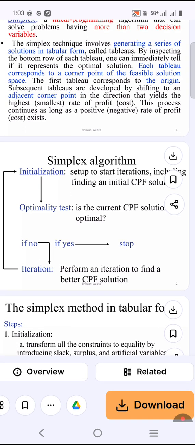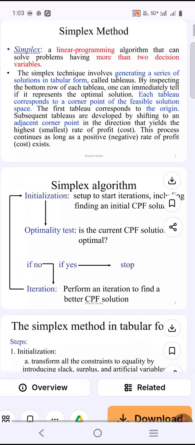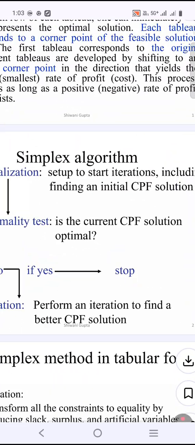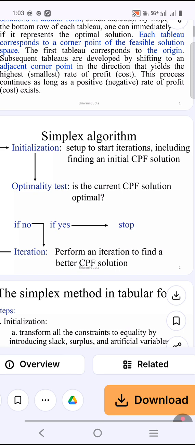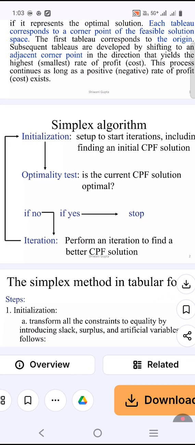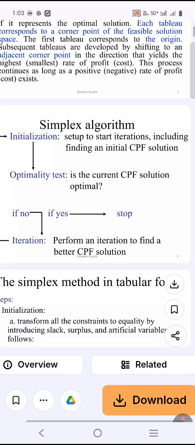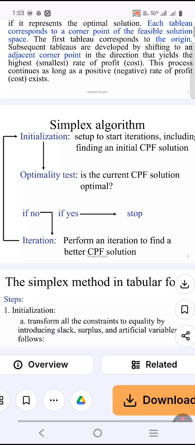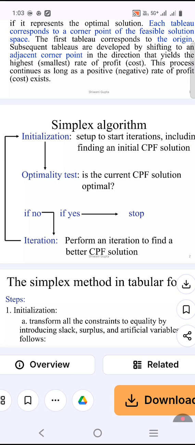And we have seen the algorithm of the simplex method. First, the initialization step, which includes finding the initial basic feasible solution.